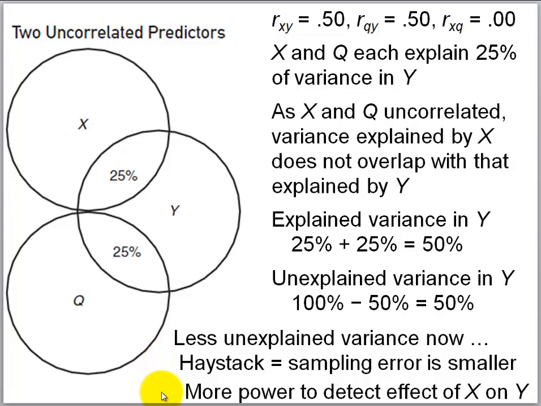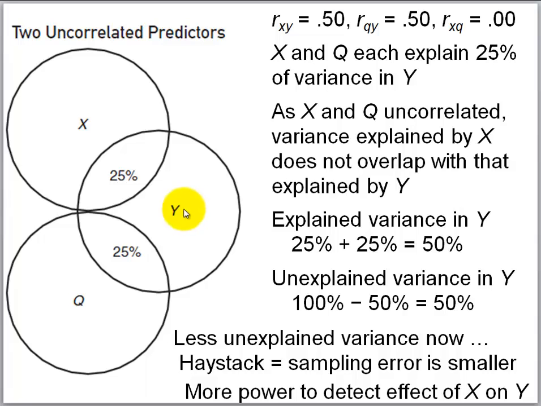So in this situation, if you're wanting to detect the effect of x on y, you're going to have more power to do so in this multivariate setting, and that's because there is less unexplained variance.